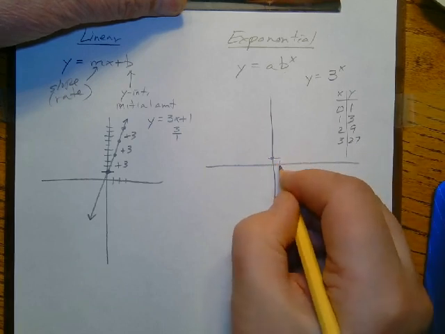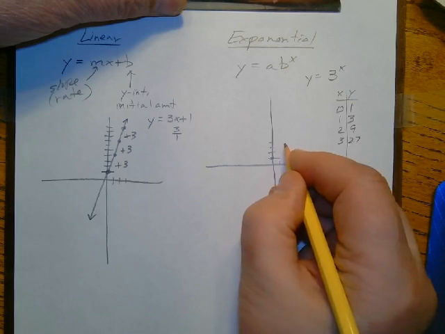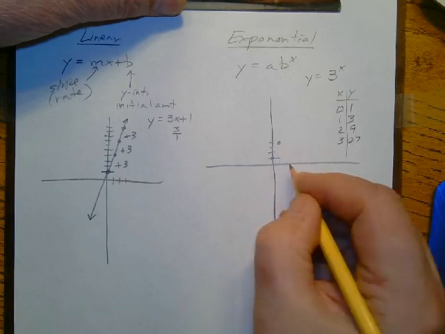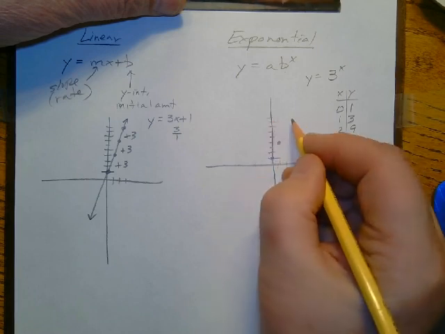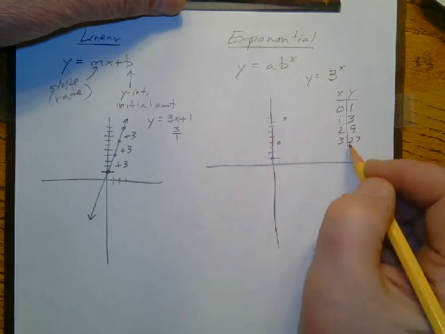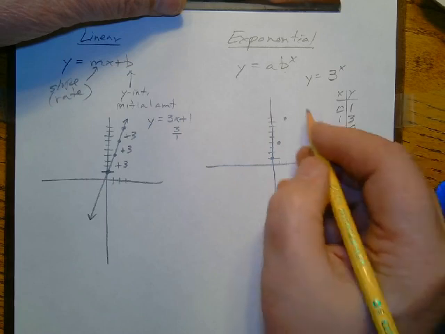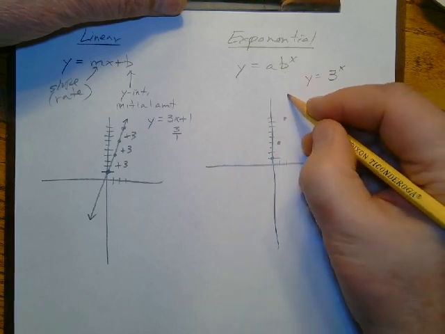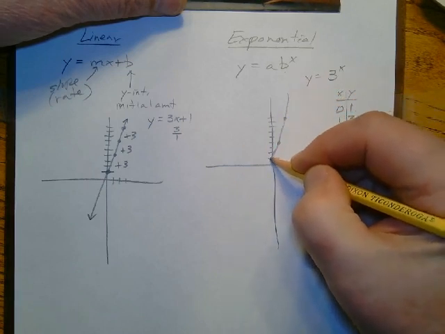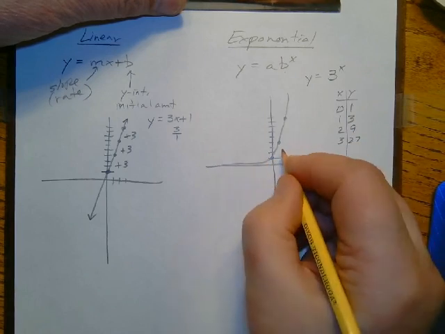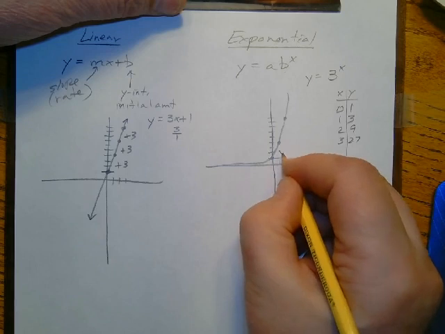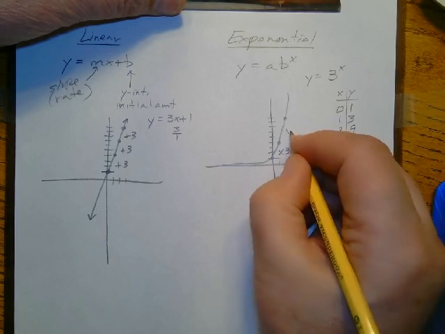So let's graph that. 1, 2, 3. And 2 goes up to 9. 4, 5, 6, 7, 8, 9. And then 3 to the 3, well, that's way off the graph here. But what's happening, and the same thing would occur back here in the negative region, is every time I move 1 unit to the right, I'm multiplying by 3.